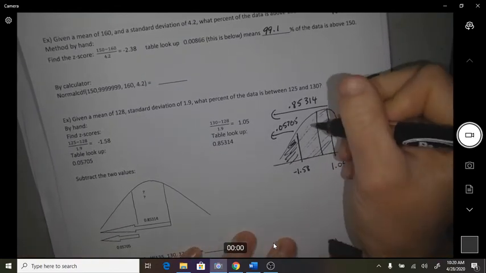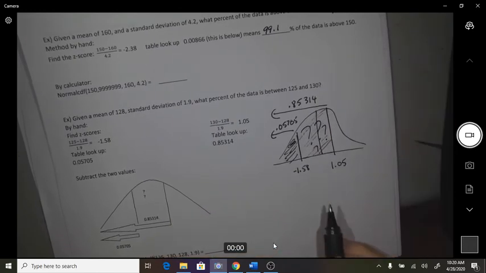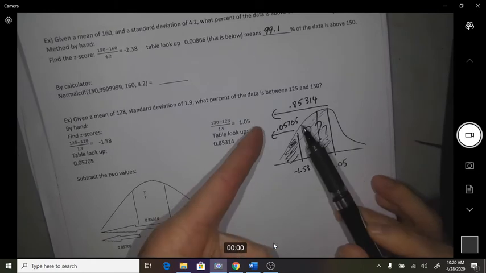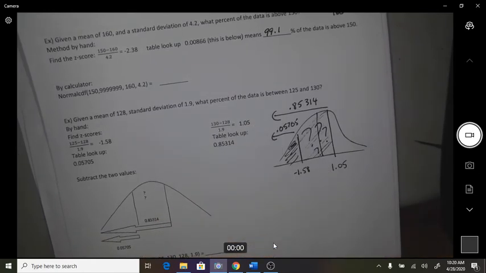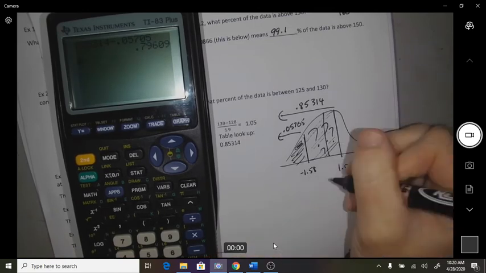Okay, but I want to know the percent between them. So can you see I would take this value and subtract that value? Okay, so we'd subtract the 2, 0.85, and get 79.6%.